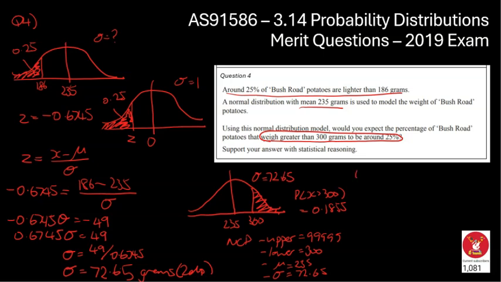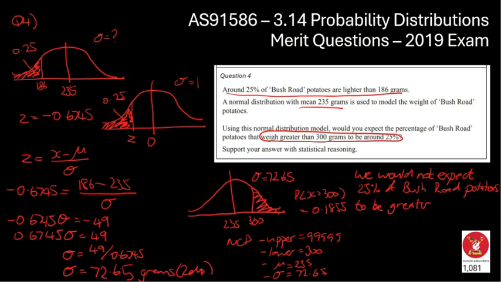So we would not expect 25% of bush road potatoes to be greater than 300 grams.